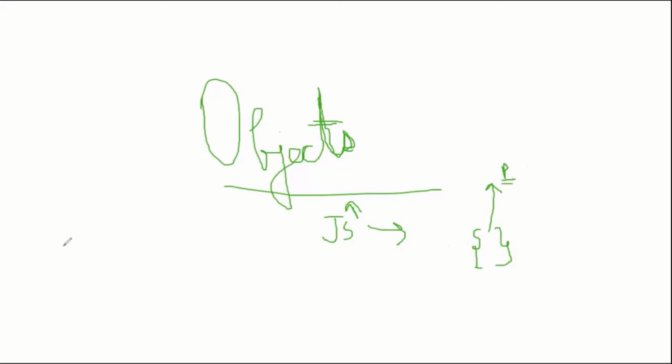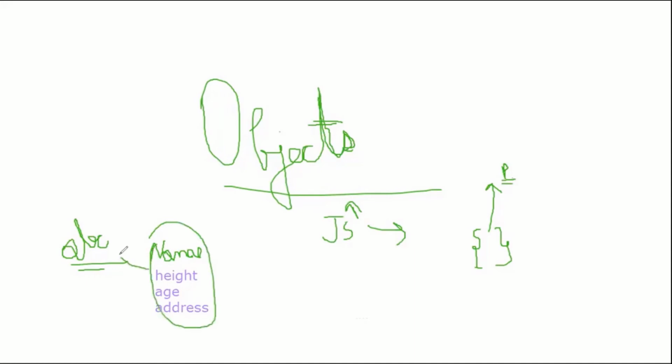Let's say ABC is the name of a person, and if I want to store the name, the height, the age, the address, all for this particular ABC, then I will store it as an object.